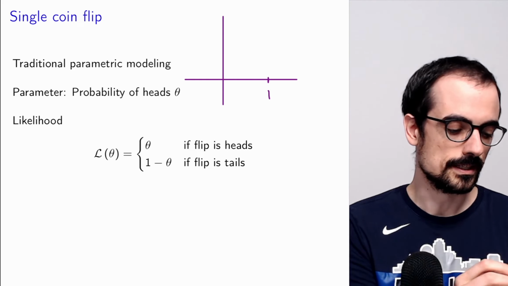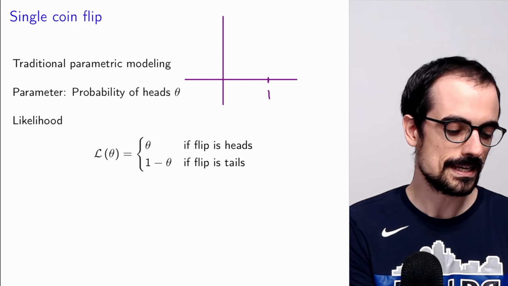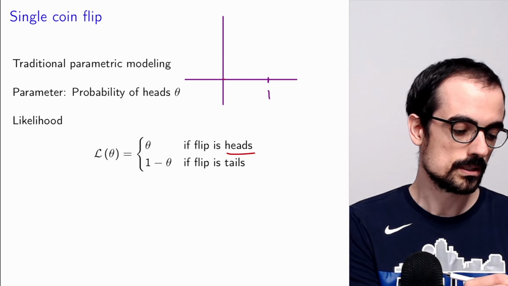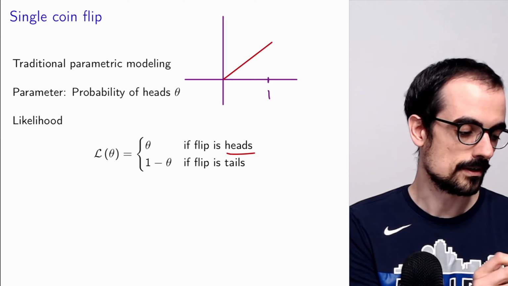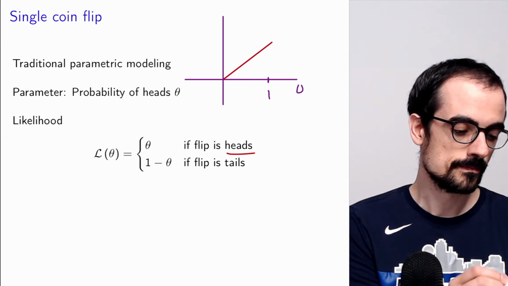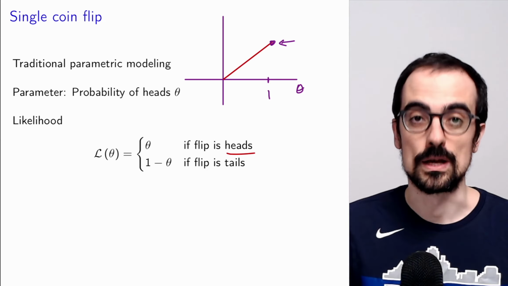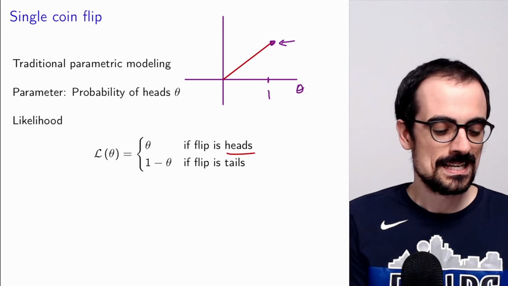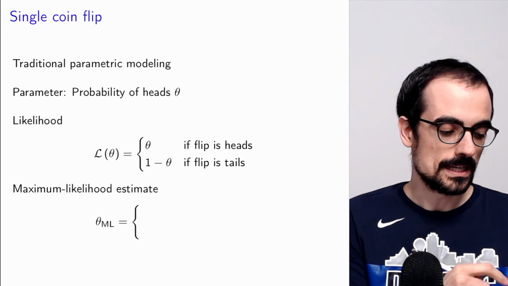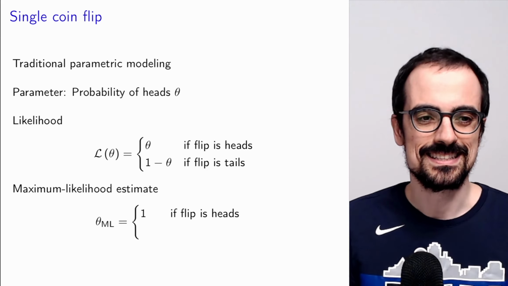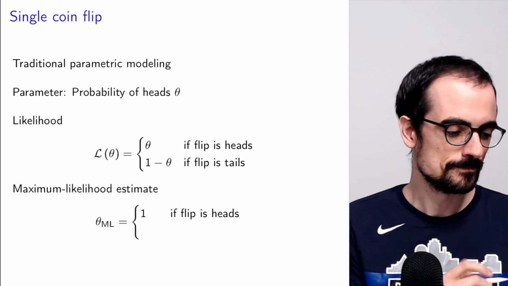If the flip is heads, then the likelihood looks like that as a function of theta. What is the maximum likelihood estimate? It's equal to 1. That would be our maximum likelihood estimate. It's only a coin flip, right? Okay, so maximum likelihood estimate, if the flip is heads, our estimate is equal to 1.